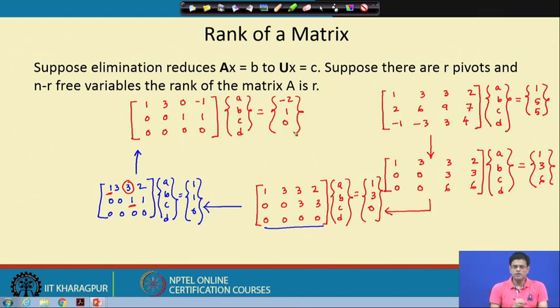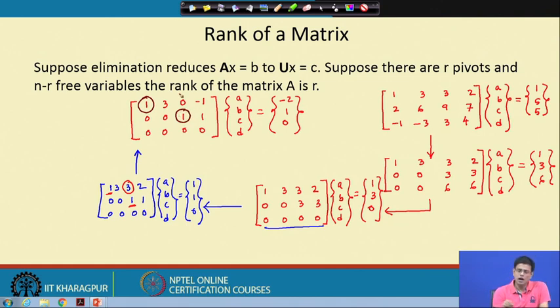So now you see, the final matrix, the row reduced echelon form, is this. So here we can see carefully that this one is the pivot element and this one is the pivot element. So on top of that it is also 0.